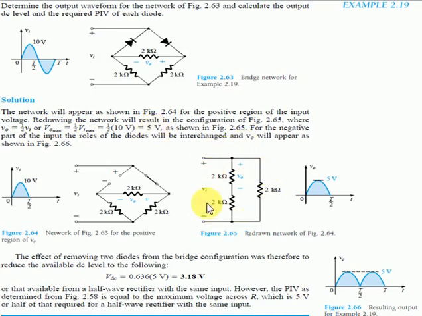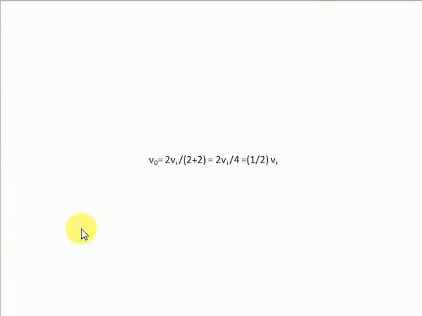If you are not understanding this, then there is one more thing you can do. See this, we have 10 volt for these two resistors, and these two resistors are in series with each other. Let's use the voltage divider rule. What is the voltage divider rule?